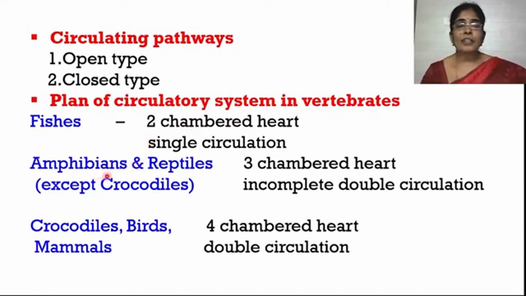Amphibians and reptiles, except crocodiles of class Reptilia, possess a three-chambered heart and exhibit incomplete double circulation. Crocodiles of class Reptilia, birds and mammals have a four-chambered heart and show complete double circulation.